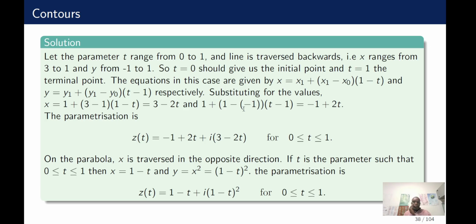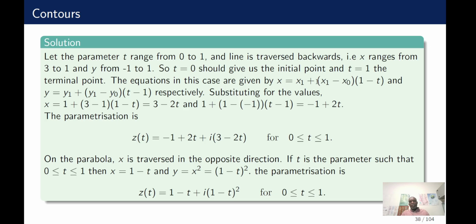In this case, the parametric equation of a straight line is given by this. If your line passes through the point x naught, y naught, you can parameterize your x as this. Your terminal point is x1, your initial point is x naught.